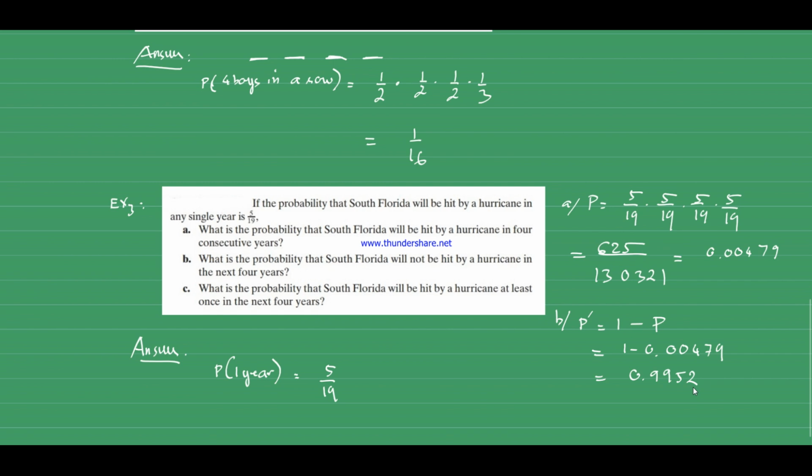So we're going to do 1 minus the probability of getting hit in the next 4 years. So first of all, we need to find. Oh, I think something is wrong. I think we need to think a little bit over here.